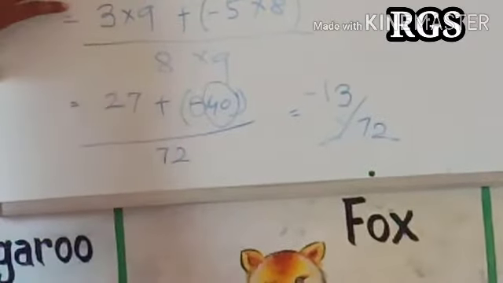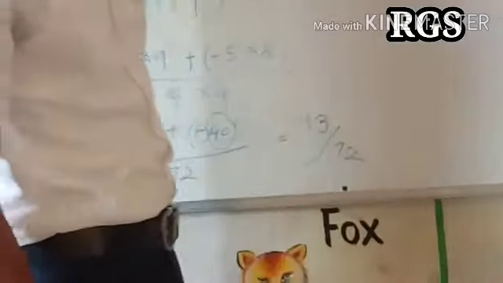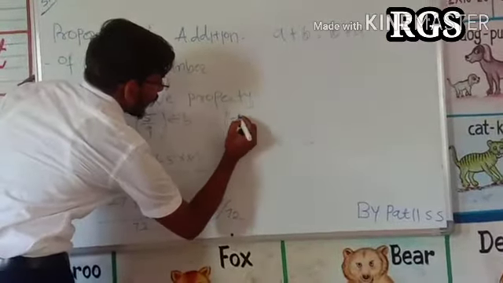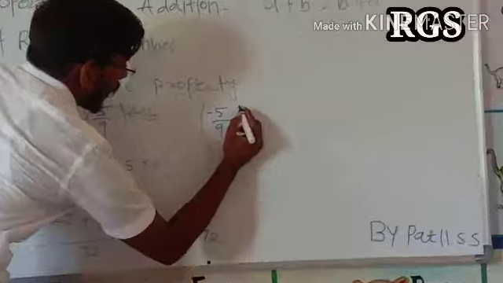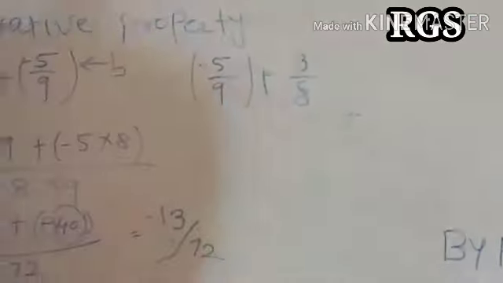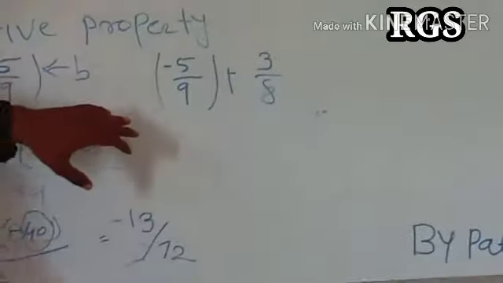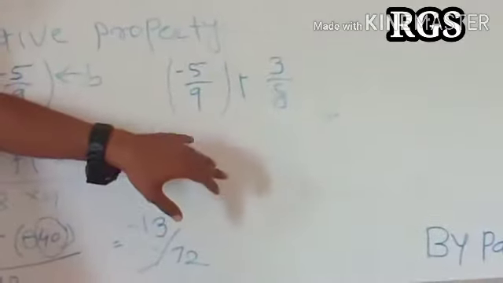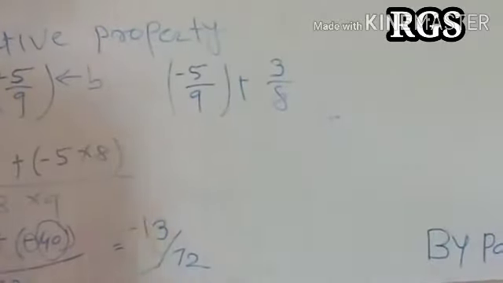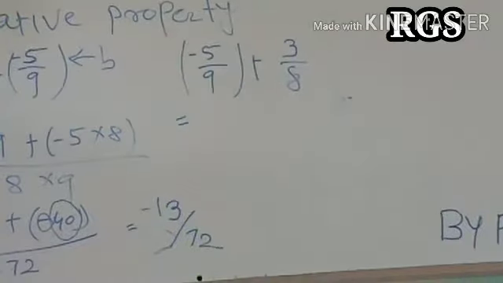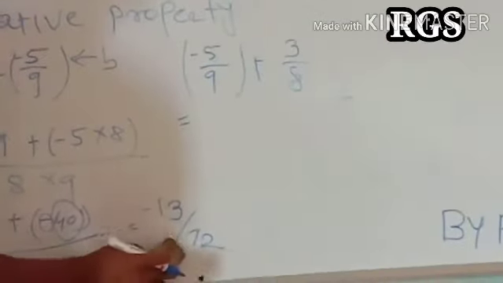Now we solve this equation in another form, that is B plus A: minus 5 upon 9 plus 3 upon 8. What do we do here? We change the order of the numbers and then we add these terms. Now see, after solving this equation, what do we get?